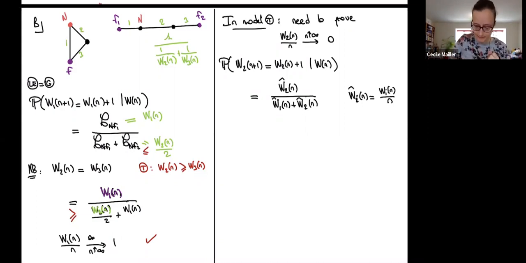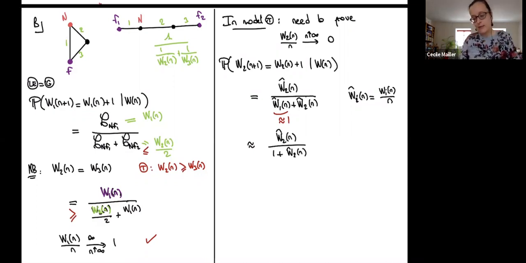I'm doing this because what's quite interesting is that this term here is approximately 1, which means that here it's approximately W2 hat of n divided by 1 plus W2 hat of n. And this is where stochastic approximation comes into play.